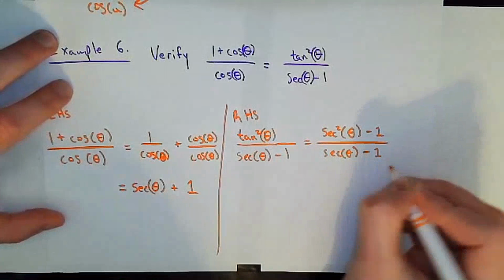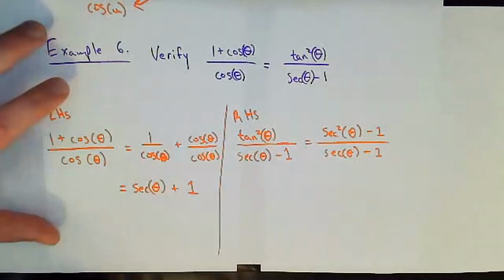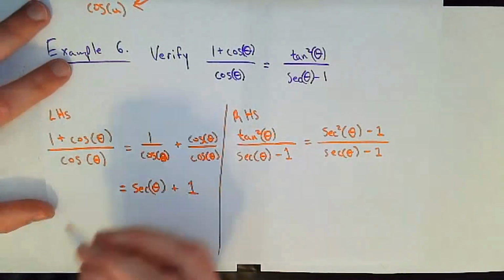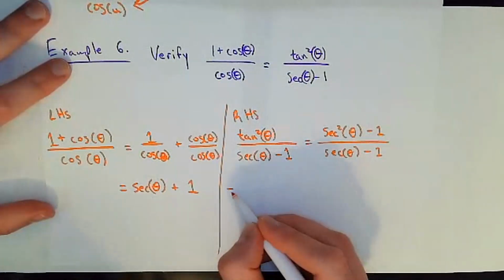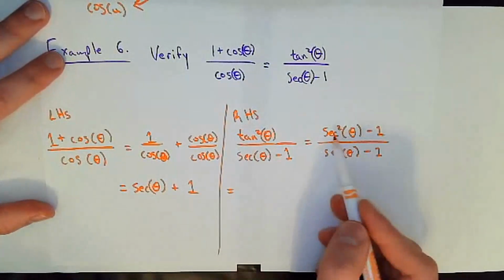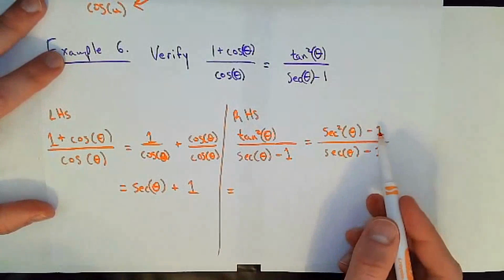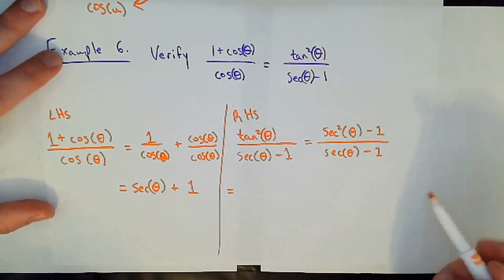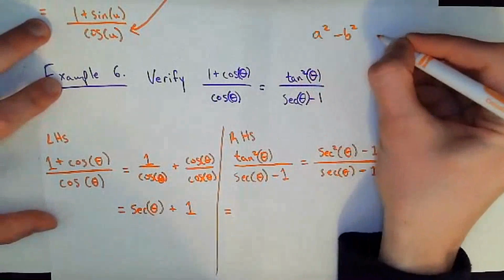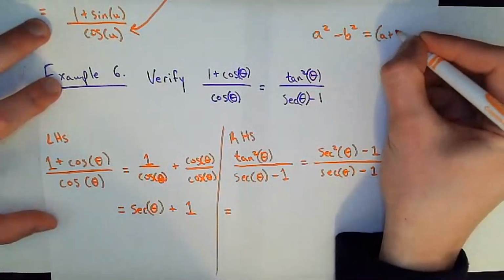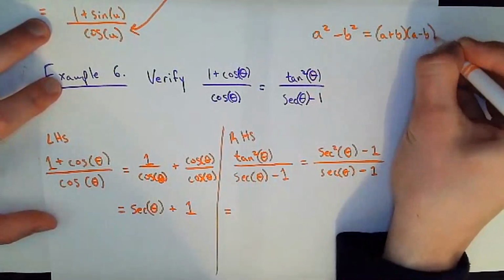Copying over the denominator. Okay, so now I can say, oh, look, that's secant squared theta minus 1, that's a difference of two squares. Got to recognize that. Remember, a squared minus b squared is the same as a plus b times a minus b.